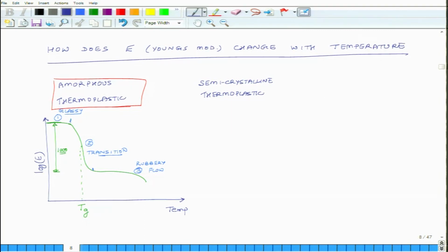Now, in semicrystalline thermoplastic, it is a little different. So, let us see how it looks. On the x axis, I have temperature, y axis is again log of E, and in semicrystalline, we have two temperatures which are important.